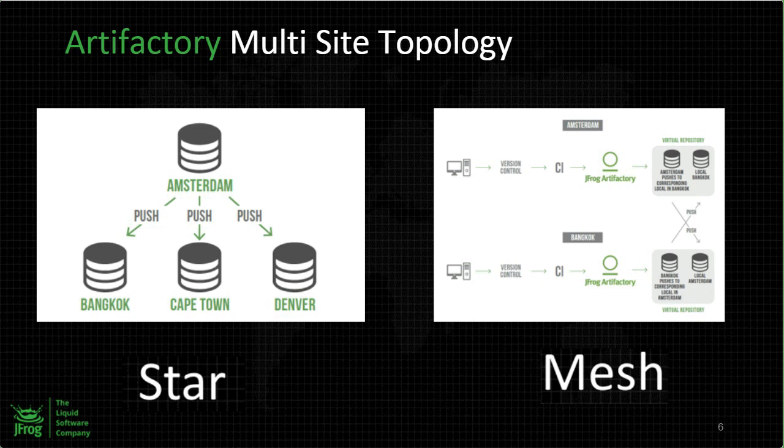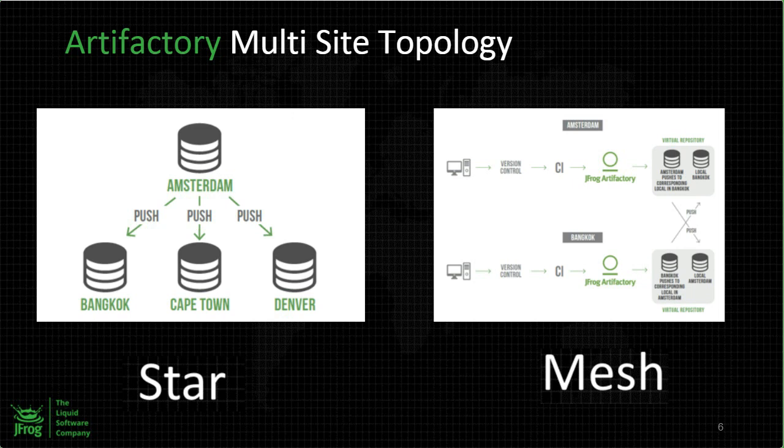So if you look at it, this mesh setup is a very good solution for your DR use case, right? So that if something happens to your Amsterdam setup, you can pivot all your users to use the Bangkok one. And once Amsterdam gets back up and running, whatever you would have pushed into Bangkok is anyway getting replicated back to Amsterdam, and you can now start using the Amsterdam setup as well.